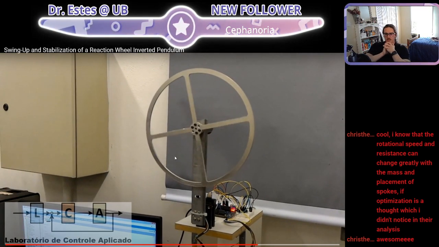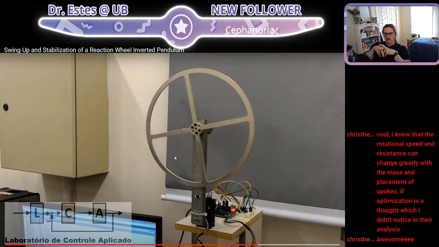I know that the rotational speed and resistance can change greatly with the mass and placement of spokes.